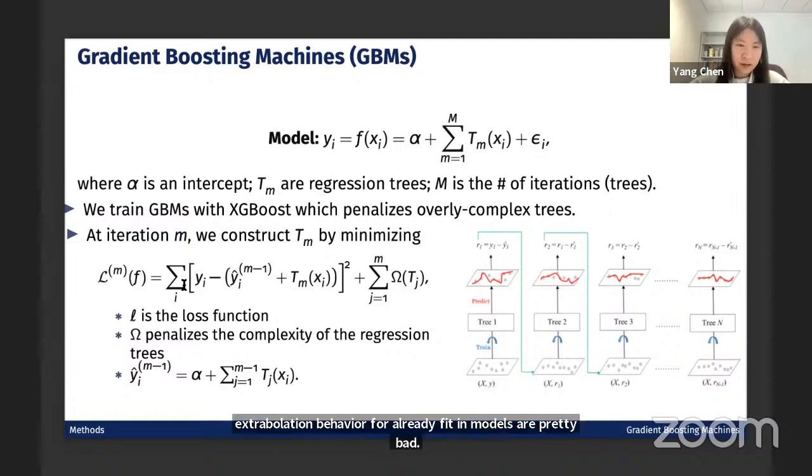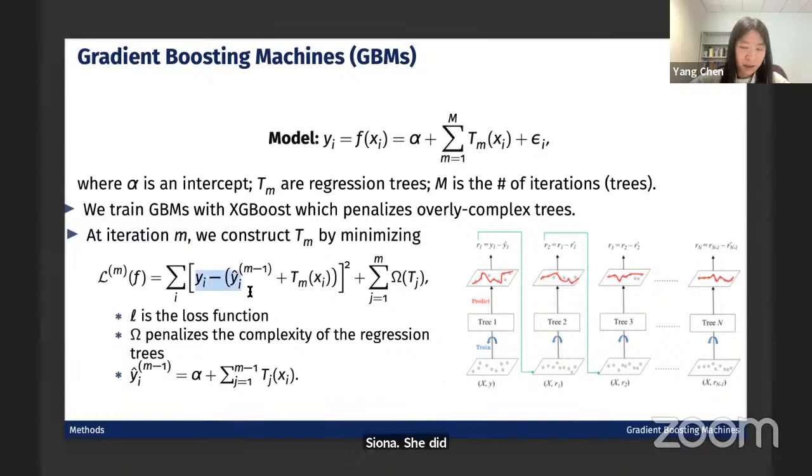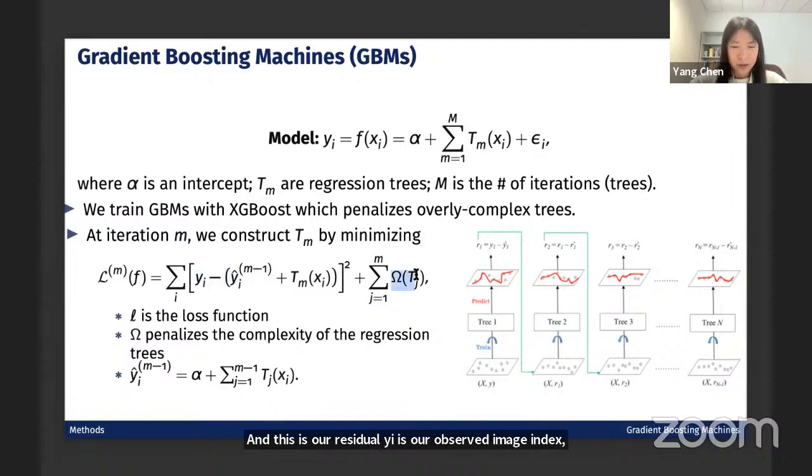So in order to do this, our loss function at the mth iteration looks as follows. So this is our original predictor. We add a new tree to it, and this is our residual. yi is our observed Sym-H index. And then we have a penalization term added to the loss function.